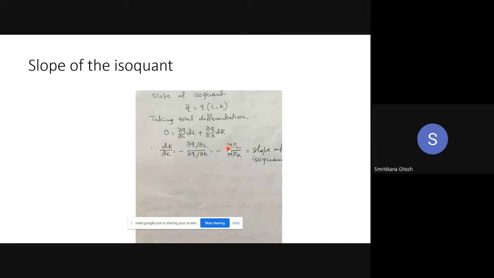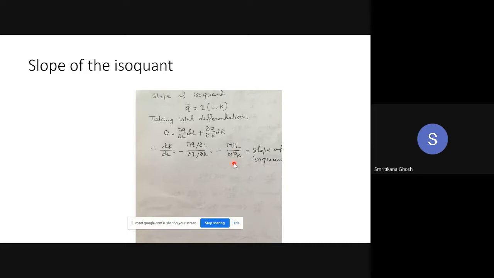Initially it's downward sloping but positive, then it's 0, then it's negative. So when MPL is 0, then the slope is 0, because 0 by something is 0. On the other hand, when MPK is 0, something by 0 is infinite.